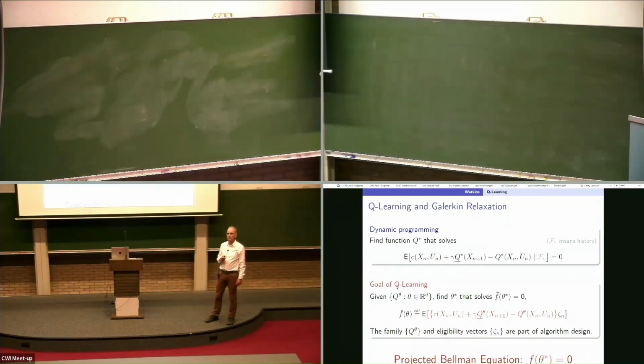Right, all clear? No? Yeah. No, because I've got d unknown, so I want d constraints. Yeah, the theory demands it's d-dimensional, and I'm going to give you the typical definition in a second.